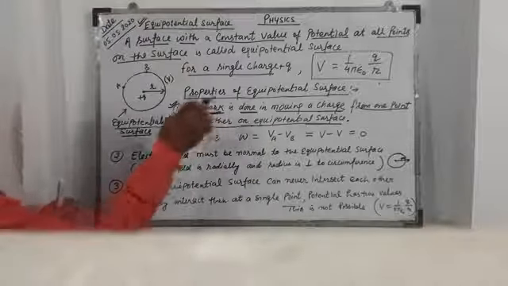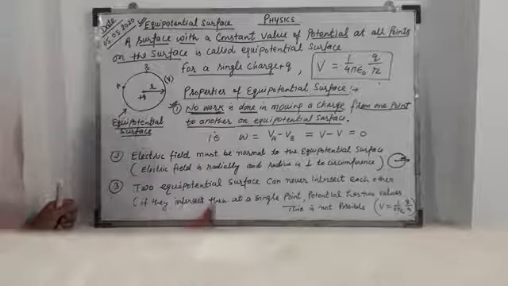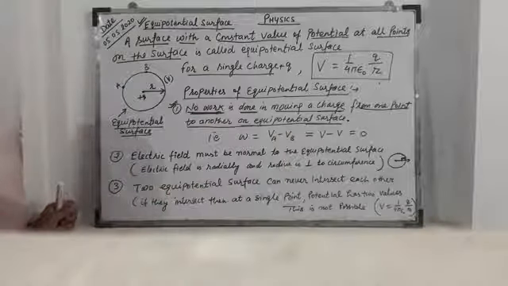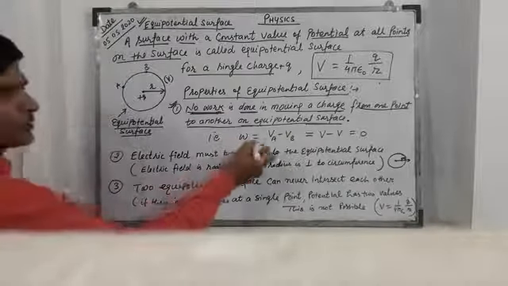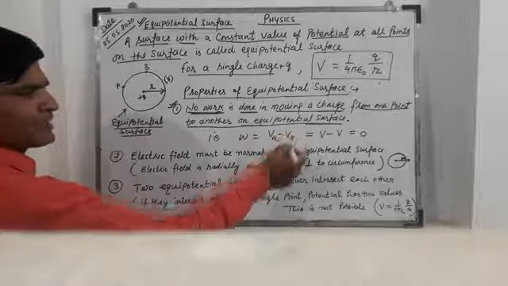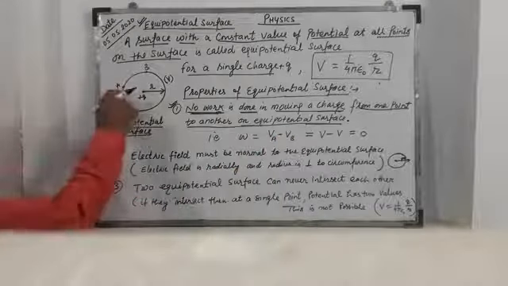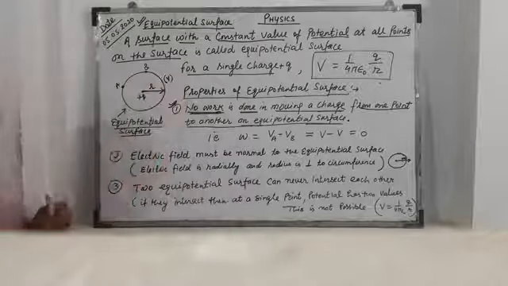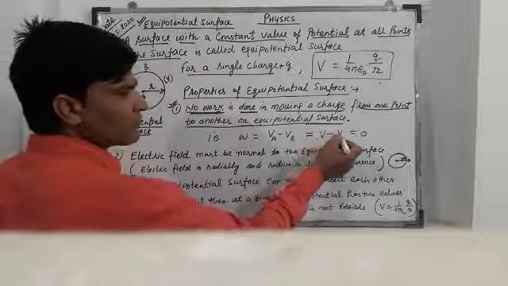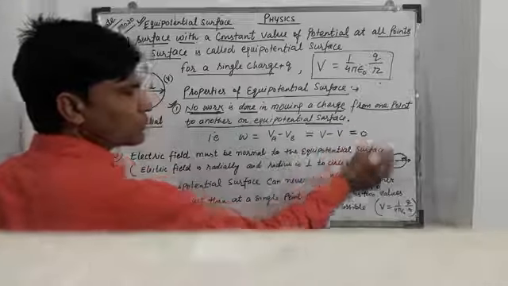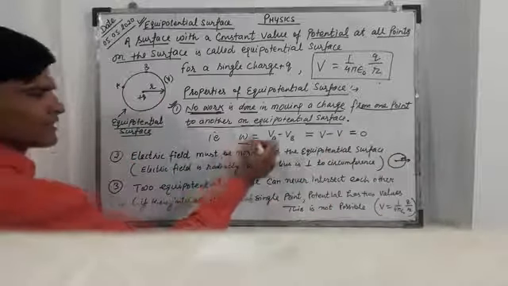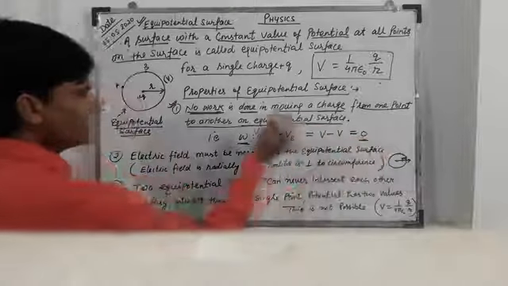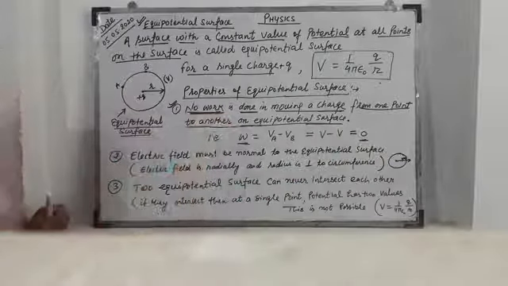That is, W is equal to VA minus VB, but the potential at A and B is V. Then V minus V equal to 0, and work is equal to 0, means no work.